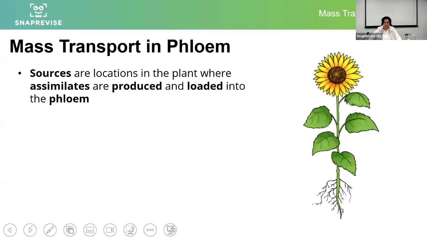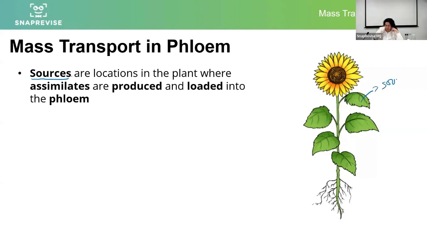Now, let's look at mass flow, mass transport in the phloem, and let's define what a source and sink is. The source is a little bit more straightforward, I would say, because it's basically where the assimilates are being produced, which is the leaf, really.